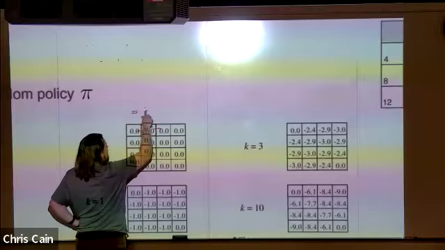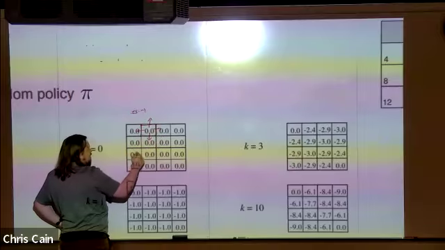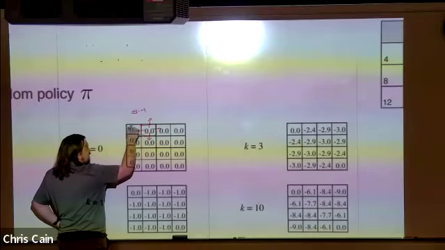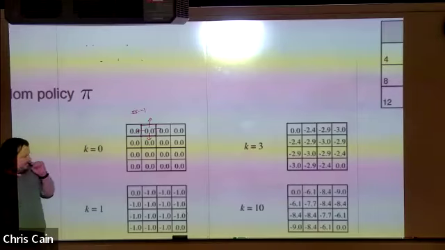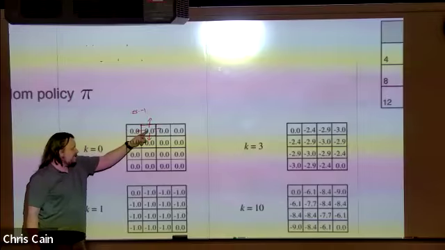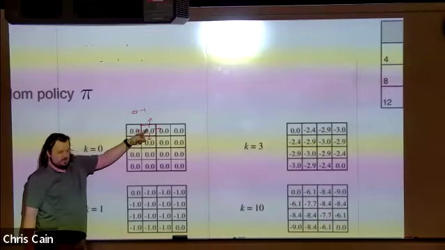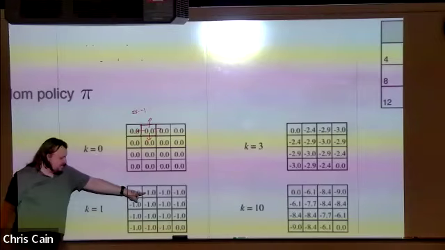We get a reward of -1. And this happens for each position that we could possibly be in. So that's why 0.25 times -1 plus 0.25 times -1 plus 0.25 times -1 plus 0.25 times -1. At step 1, the value here is -1.